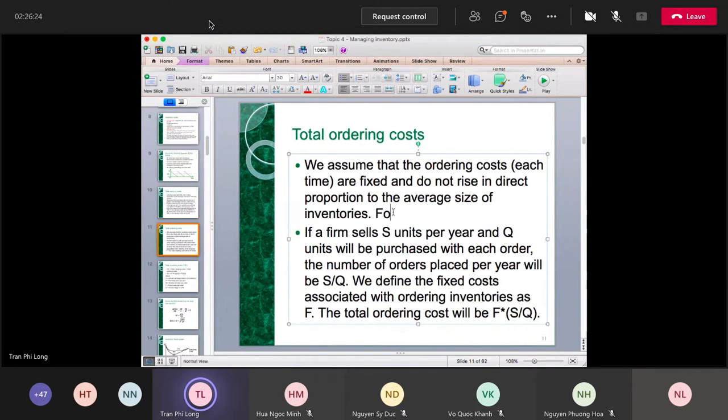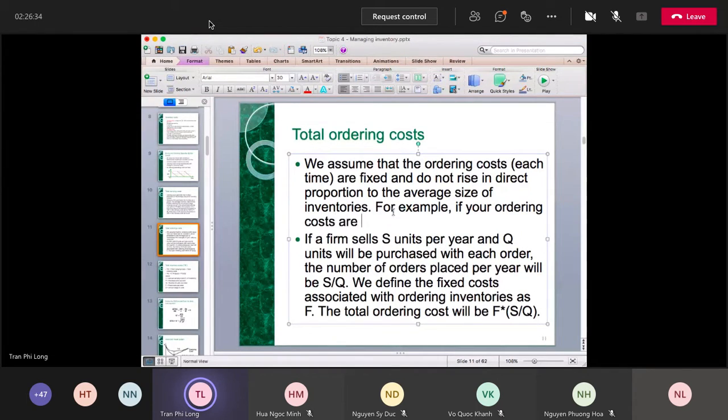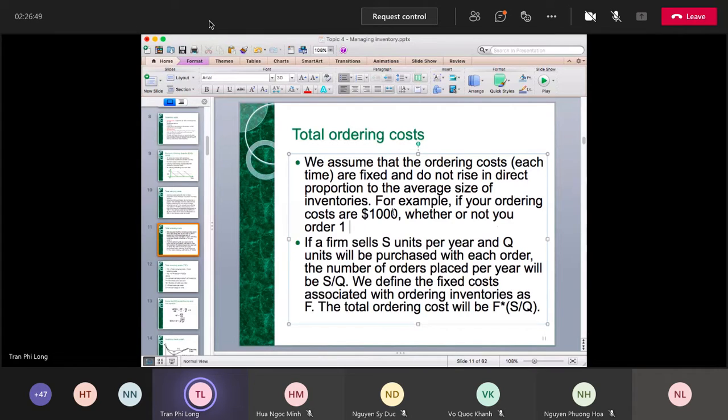For example, if your ordering cost is 1,000 USD, whether you order 1 unit or 10 units or 10 million units, the ordering cost will be 1,000 USD for one time.